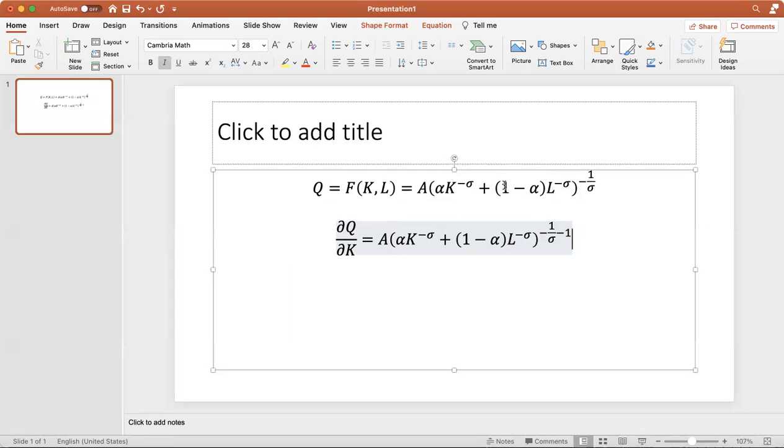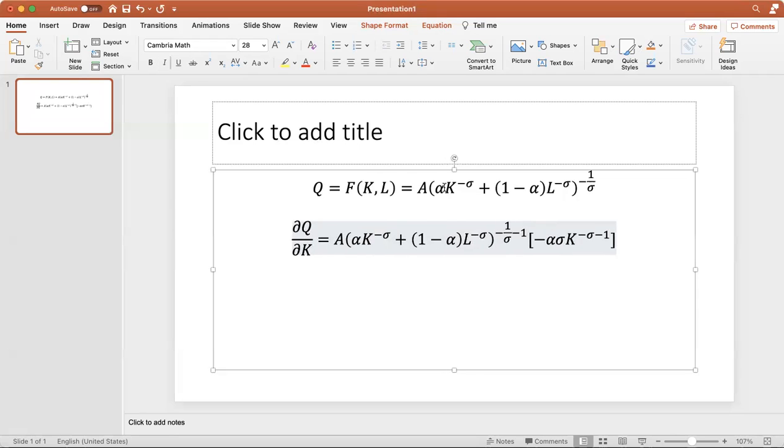Now the thing is, since L is a constant with respect to K, this term will practically disappear, and we're required to take the derivative of the first function that has K. So that would be negative alpha sigma K raised to negative sigma minus 1.